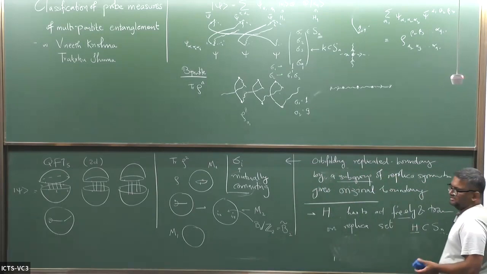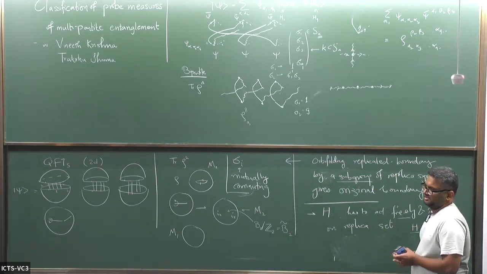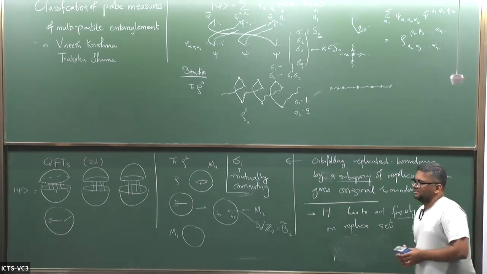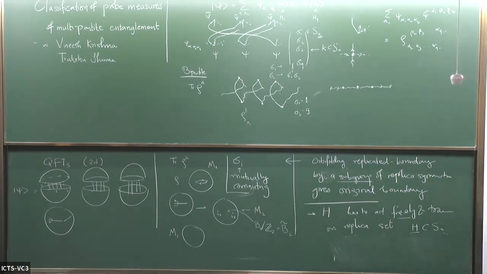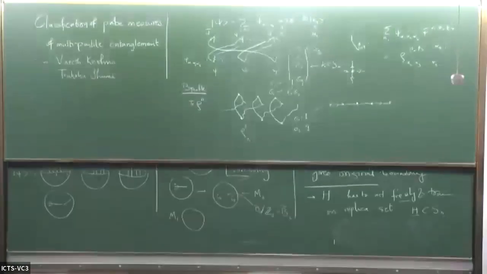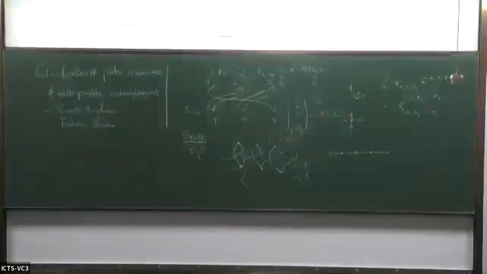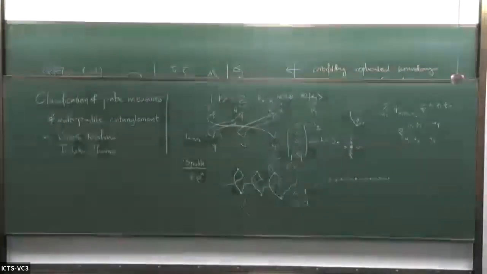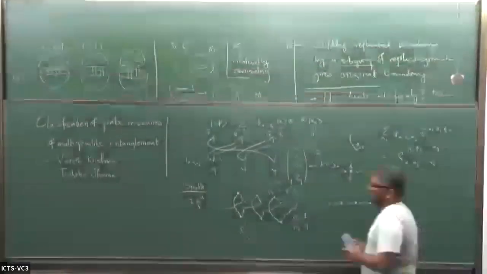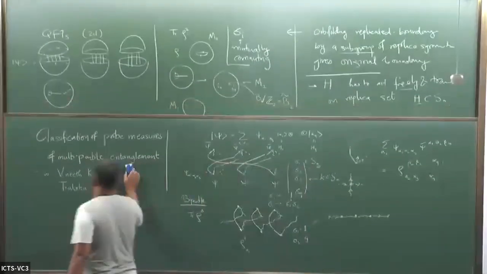So if you start with some mutually commuting sigma, I just take the full group generated by the sigma, and then I mod out by it. Exactly.